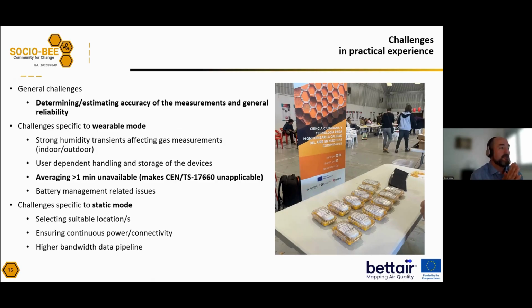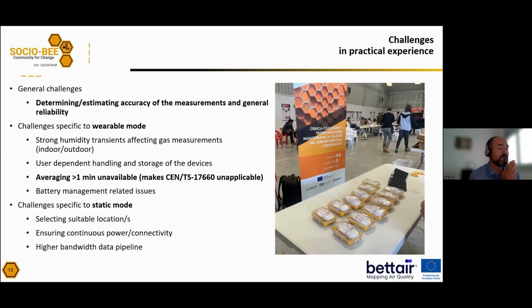There were challenges specific to the 2 operation modes of the sensors. We call them wearable sensors, reportable sensors, but they could also work in a stationary mode. You can leave them stationary and let them measure on their own.